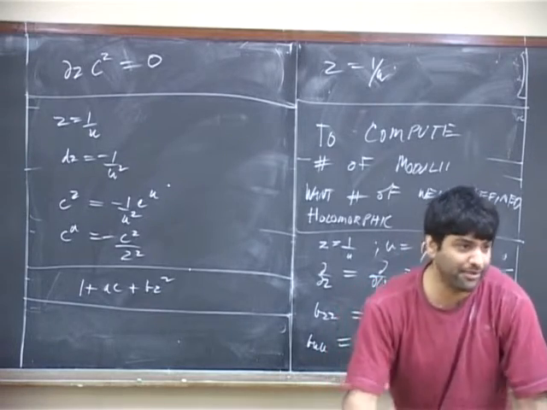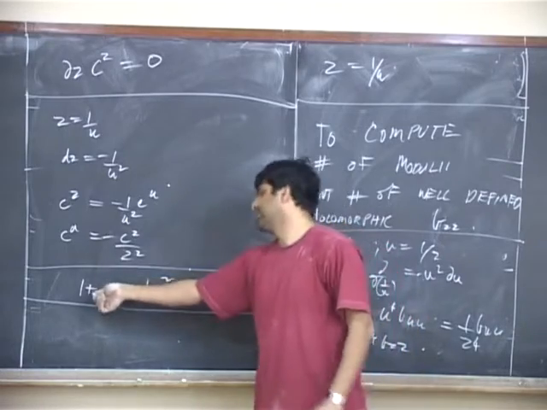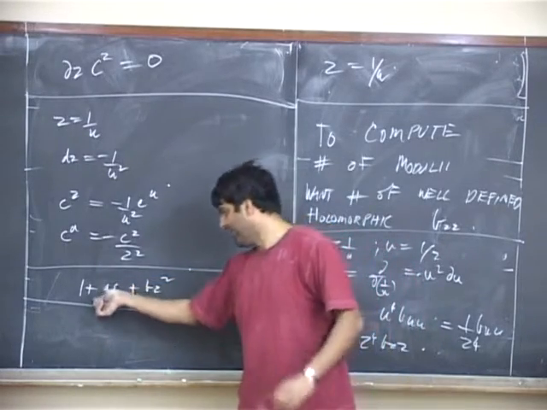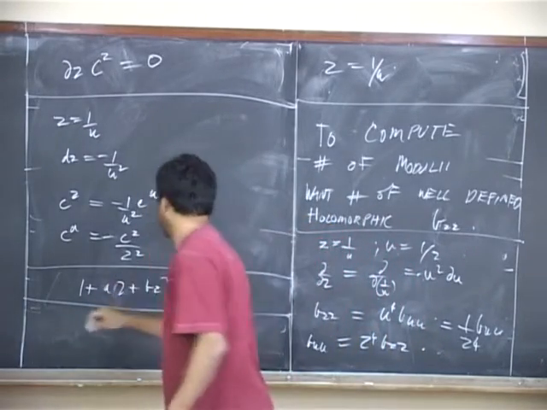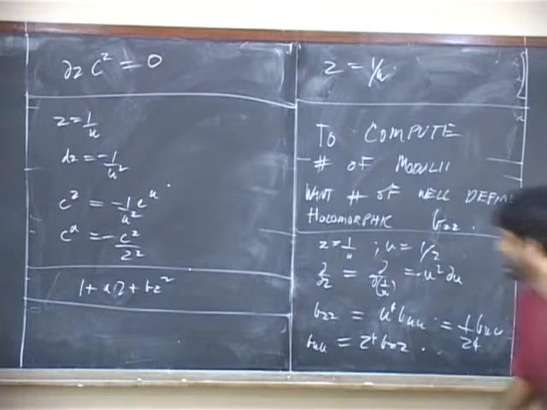These diffeomorphisms that remain unfixed are generated by the vector field c^z equal to 1 plus a times z plus b times z squared, and similar quantities on the right hand side.